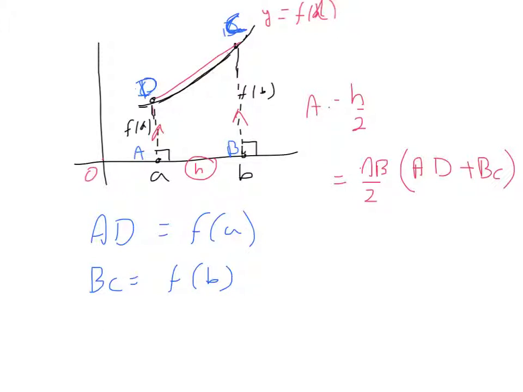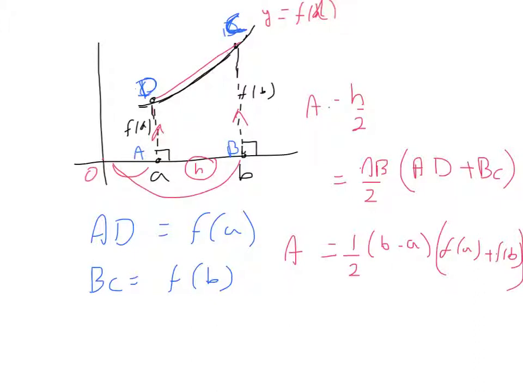Transferring this to other forms, the area would be equal to a half. The length AB would be from here to there, so it's actually b minus a, bracket, AD representing, as we said, f of a, and BC representing f of b.